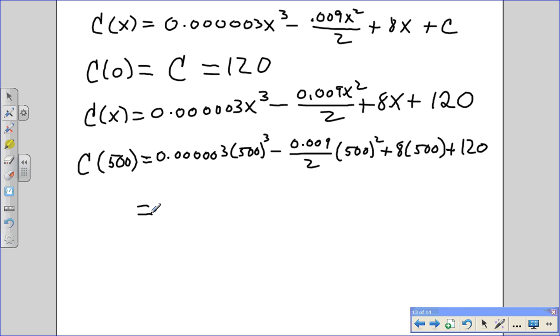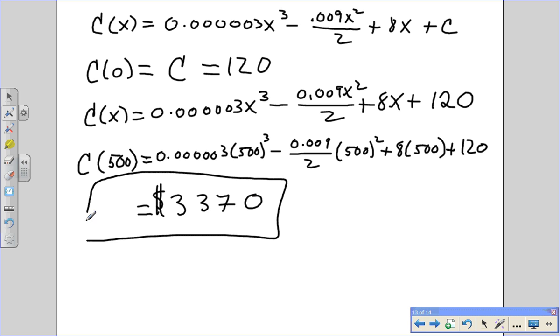And if you plug that into your calculator, you get $3,370. That is the cost to produce the first 500 clocks.